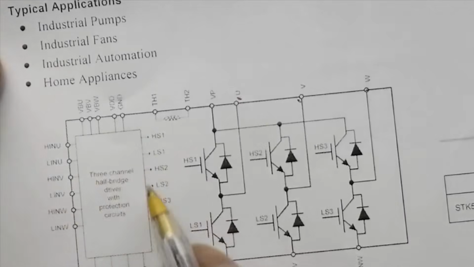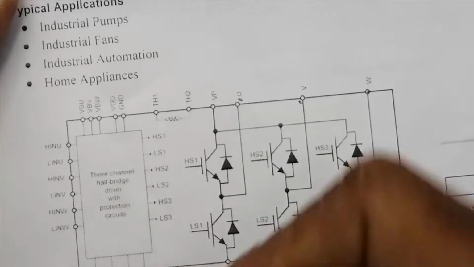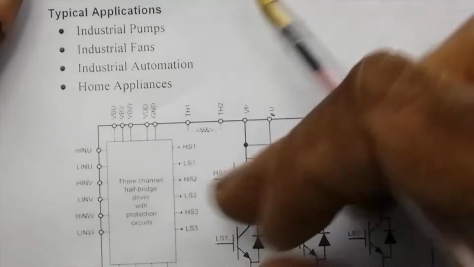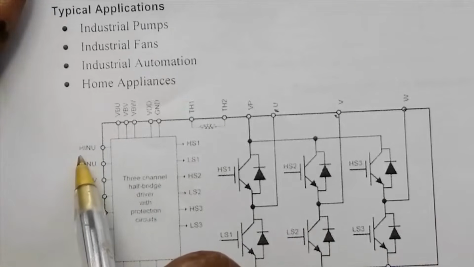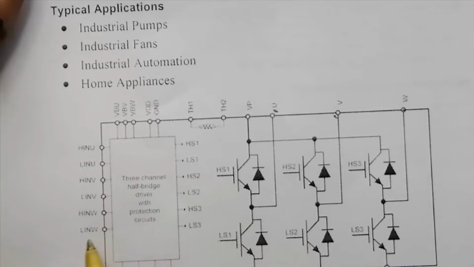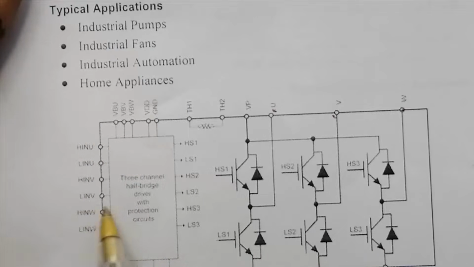It is its controller. The controller is inside. The sequence controller is inside, and it will take high input 1, low input 1, high input 2, low input 2, high input 3, low input 3.